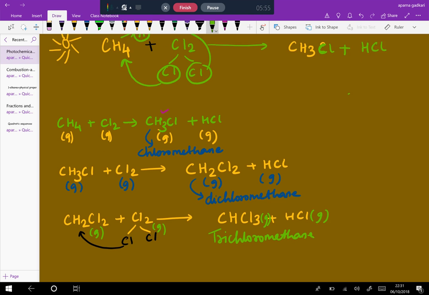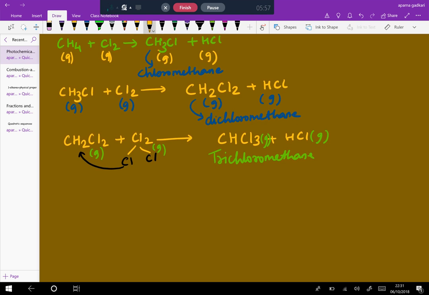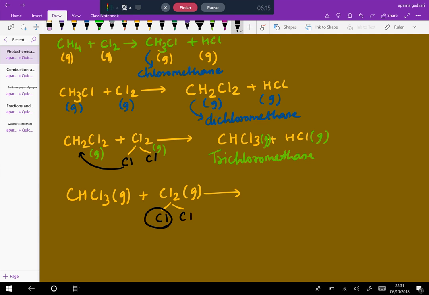And further on, this CHCl3, which is a gas, further reacts with more Cl2, which is a gas, and again diatomic chlorine is going to react in such a way that one chlorine atom is going to knock out the last available hydrogen, and the new product will be C. Instead of H, now we have one more Cl, so the product will be CCl4 plus HCl.